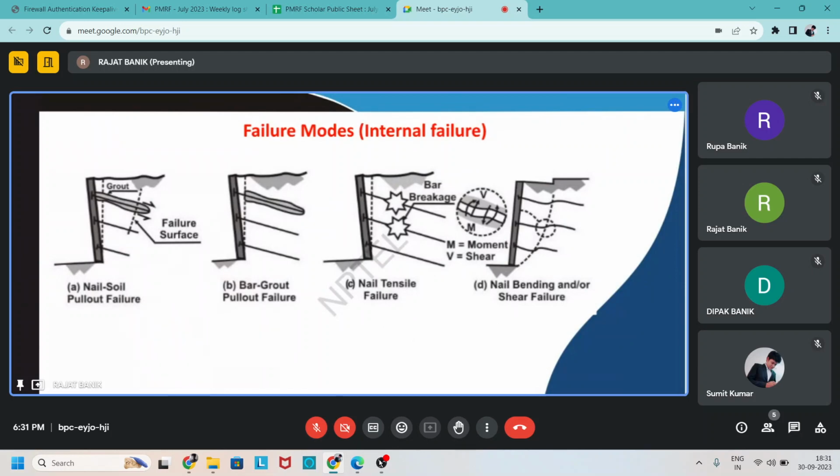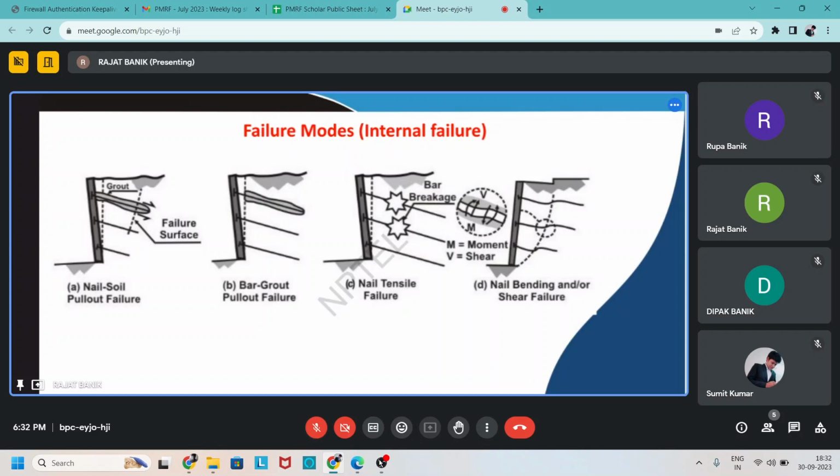There are four ways in which a soil nail can fail internally. The first one is nail soil pull-out failure. In this failure, the soil nail, including the grouting, is pulled out from the ground due to the heavy weight or movement of the slope, and this failure occurs.